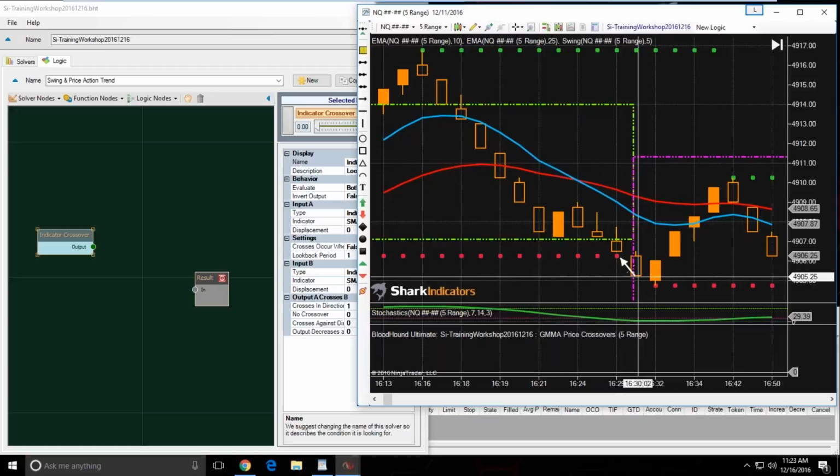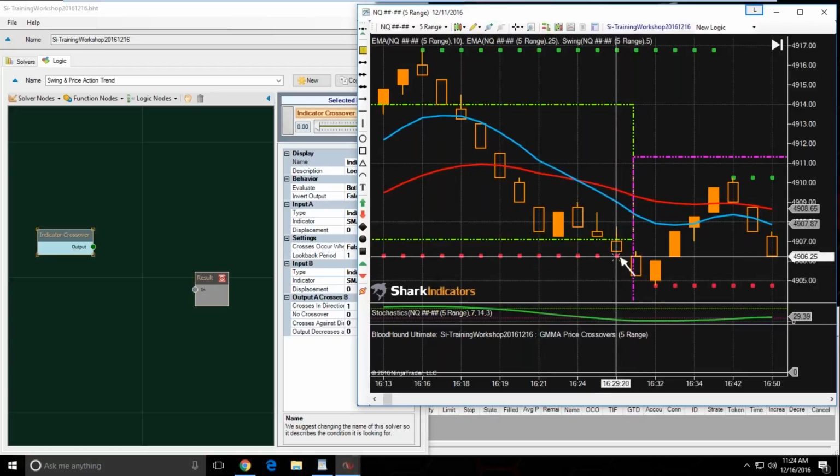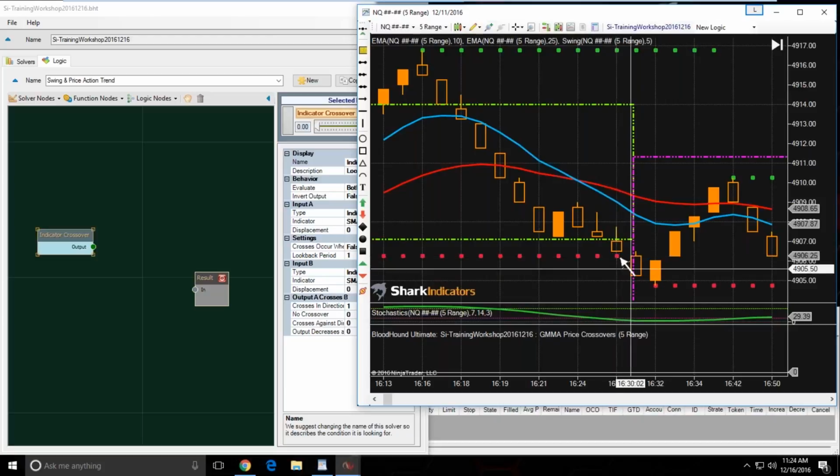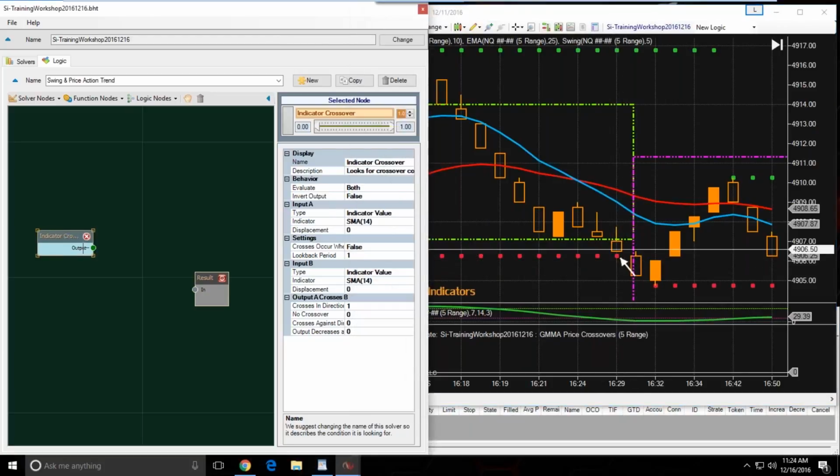So you see how price has crossed below the red dot, or the swing low indicator. So let's look for that crossover condition there.